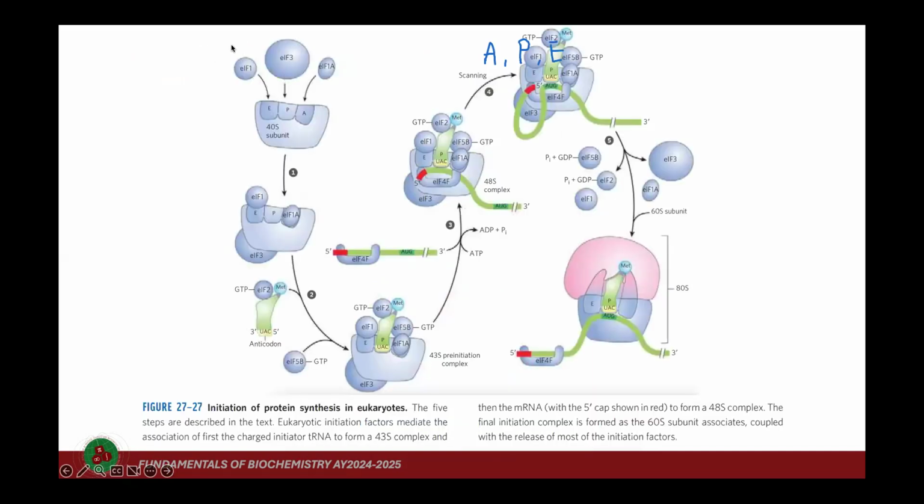Now, for eukaryotic initiation, there are more than three initiation factors for eukaryotic protein synthesis, but there are initiation factors that are analogous to IF1, 2, and 3 of prokaryotes.